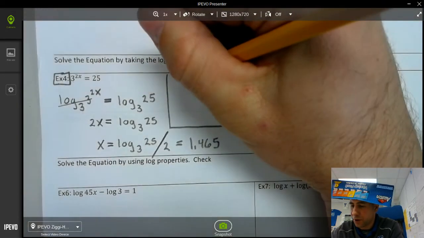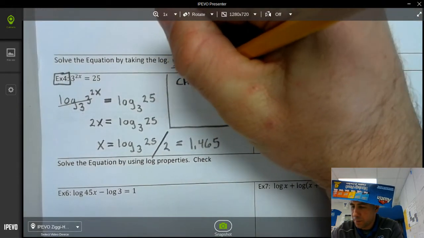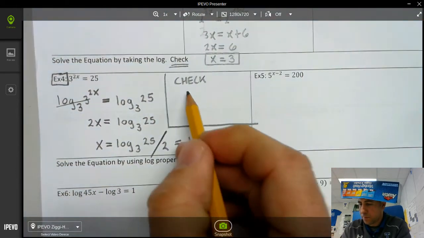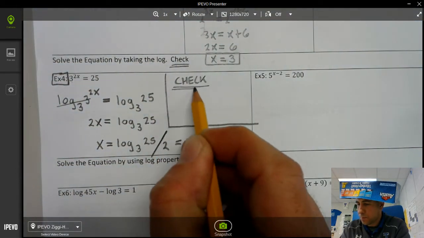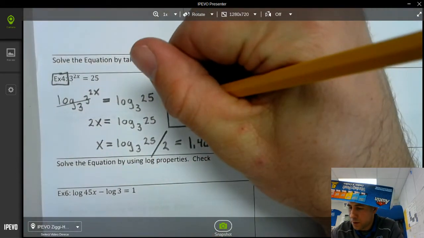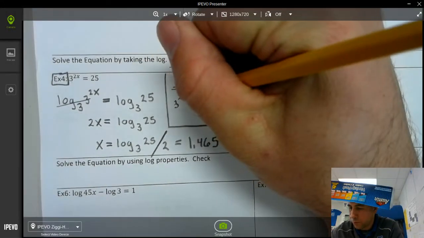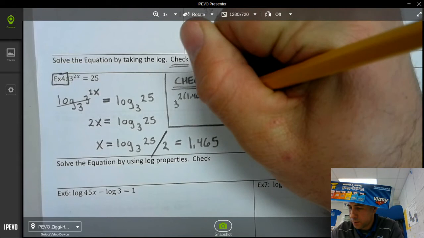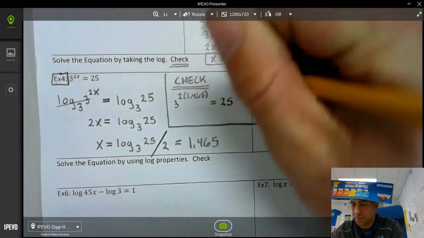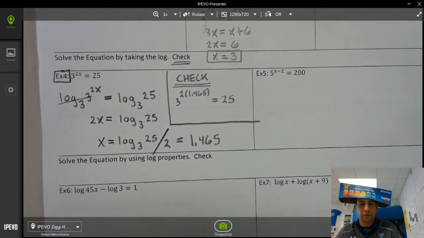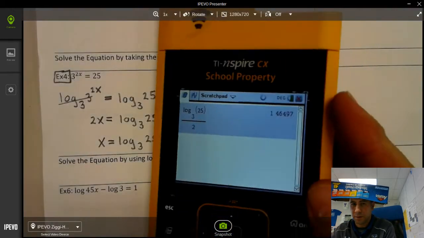All right, and so let's check. So that's 3 to the 2 times 1.465 equals 25. So let's put that in the calculator.